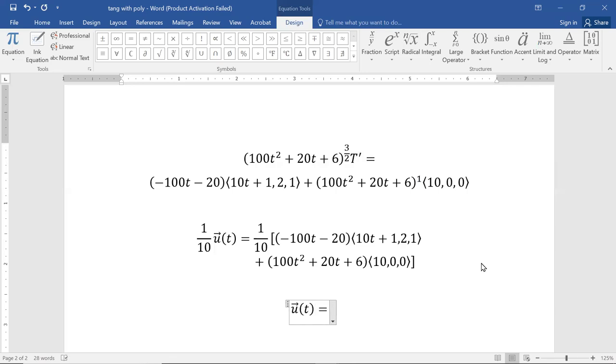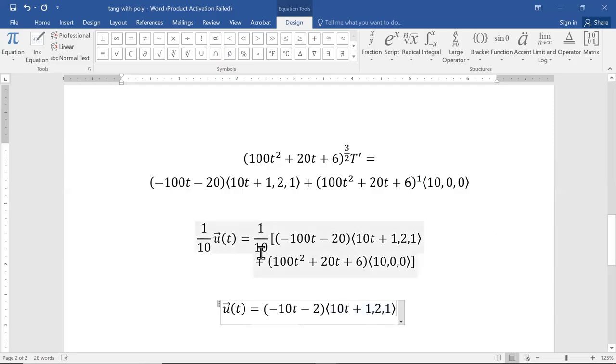And that is going to be negative 10t minus 2 times my vector 10t plus 1, 2, 1.